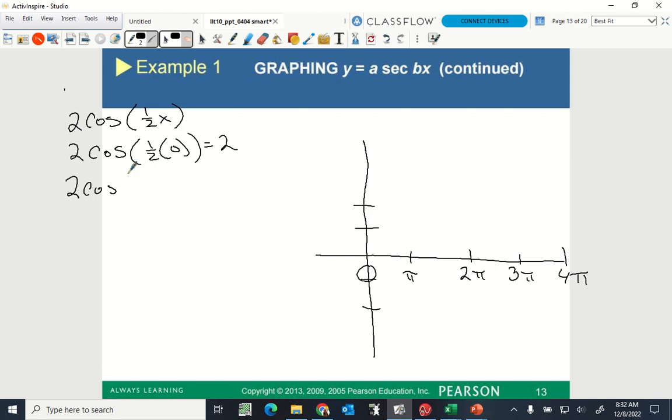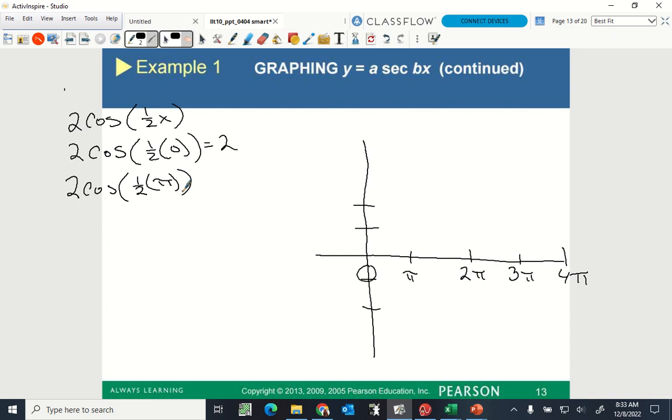2 cosine of 1/2 times pi. Okay, so why did you change it to cosine? Because we're going to do the secant at the very end.